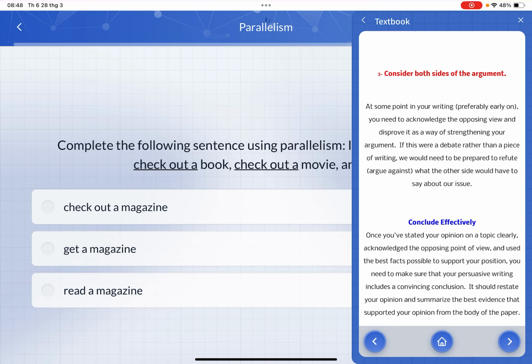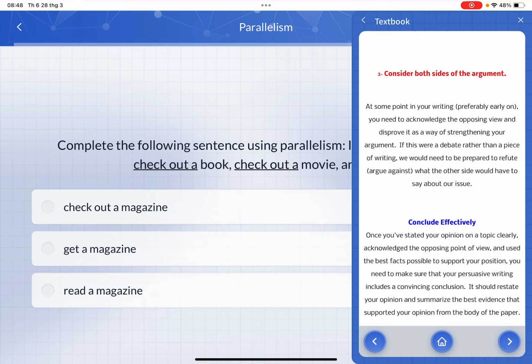If we do that, it can also help us support our essay better, because we're arguing against the other view of our topic. So basically, it's kind of like supporting our own topic, right?